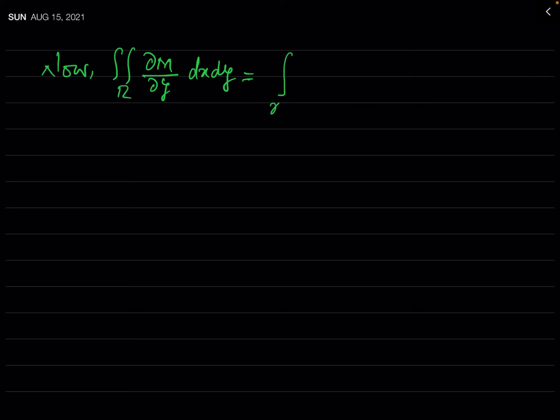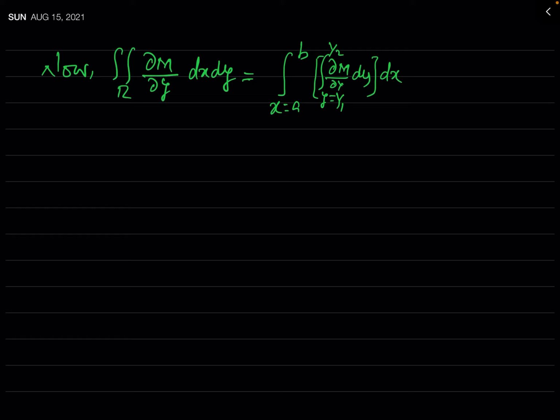This is x equal to a to x equal to b, and integral of del m by del y dy from y equal to Y1 to Y2, Y1 as a function of x and Y2 also as a function of x, and finally we will write dx.